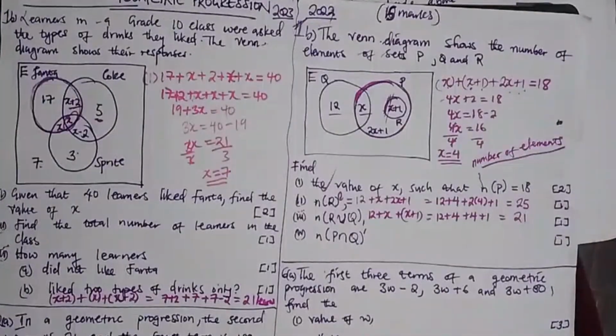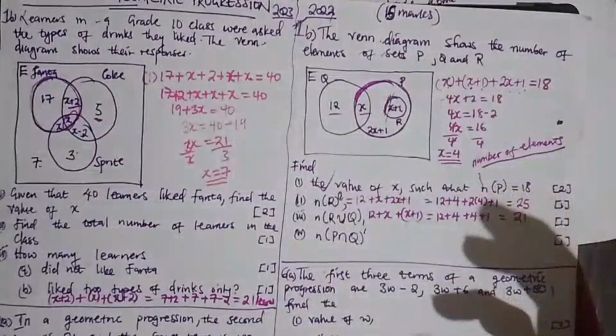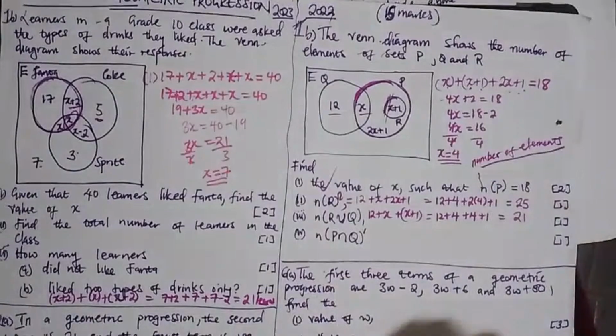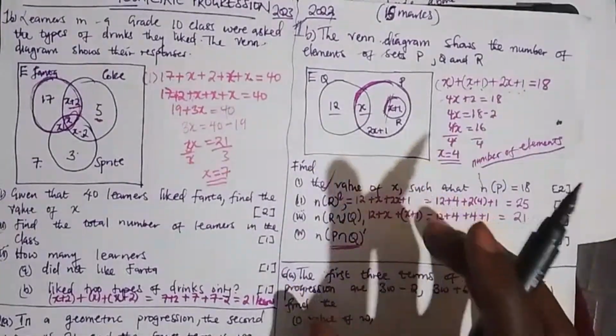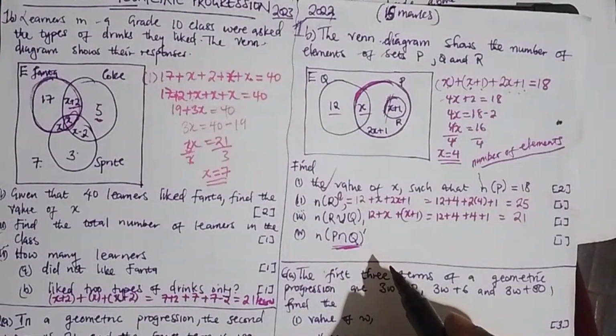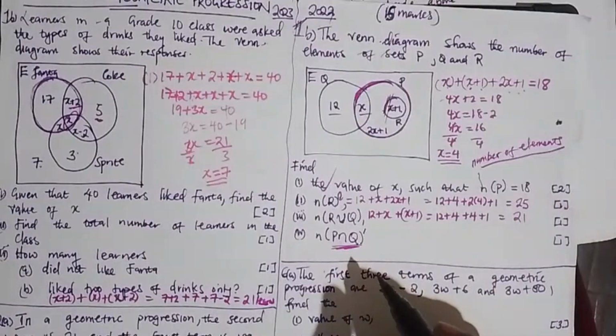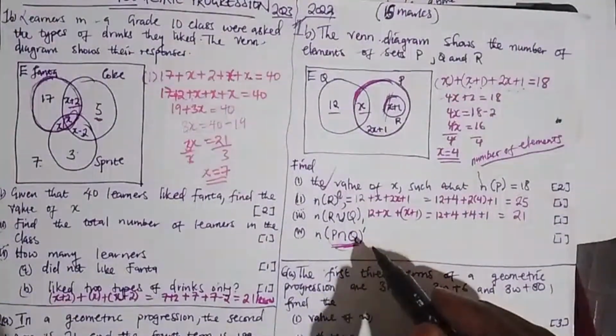Moving on to the next one. Number in P intersection Q complement. So here they want the number of elements which are not in P intersection Q. So the first thing you need to do is identify where P intersection Q is.